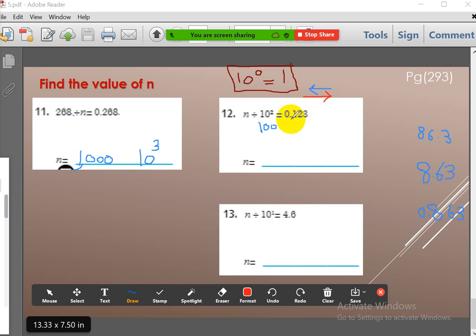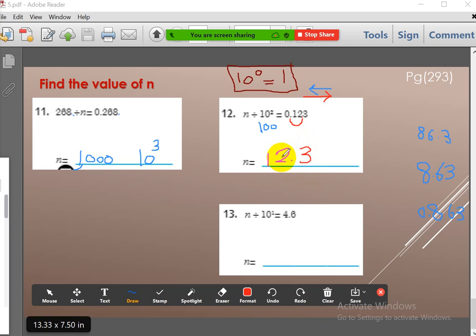That means I take this decimal point and return it 2 digits, so it will be between 2 and 3. That means the number that I want to divide on the second power of 10 will be 1, 2, and the decimal point will be between 2 and 3. So the number becomes 12.3.